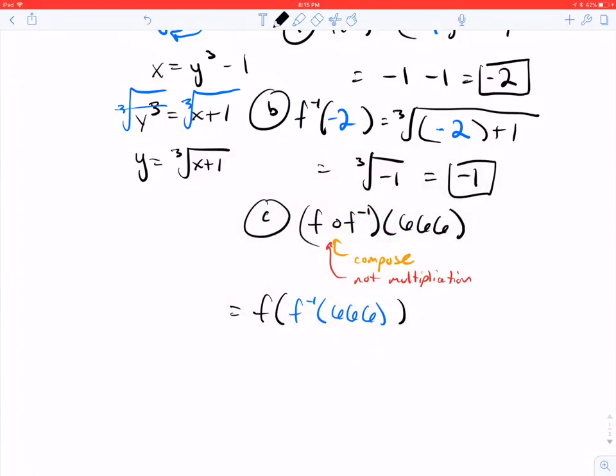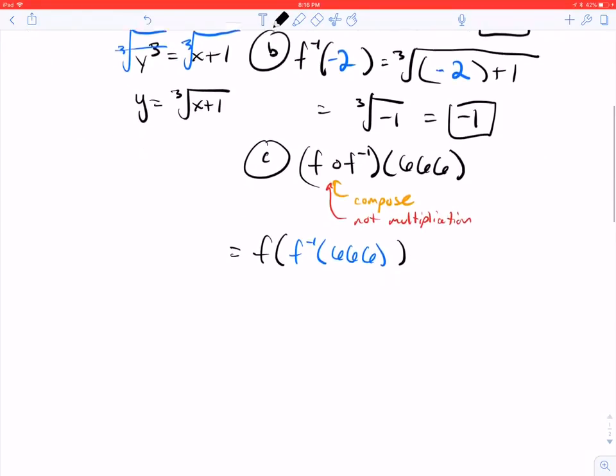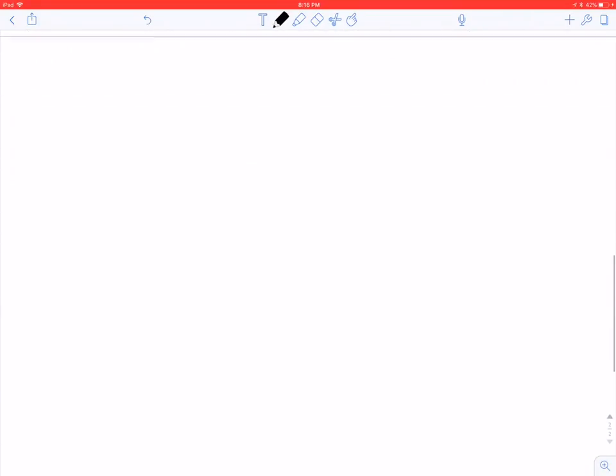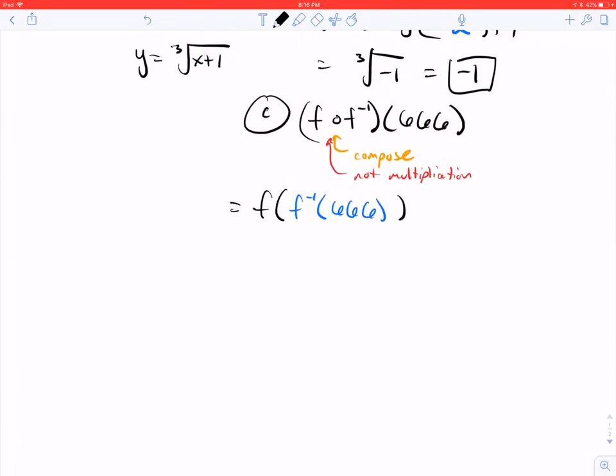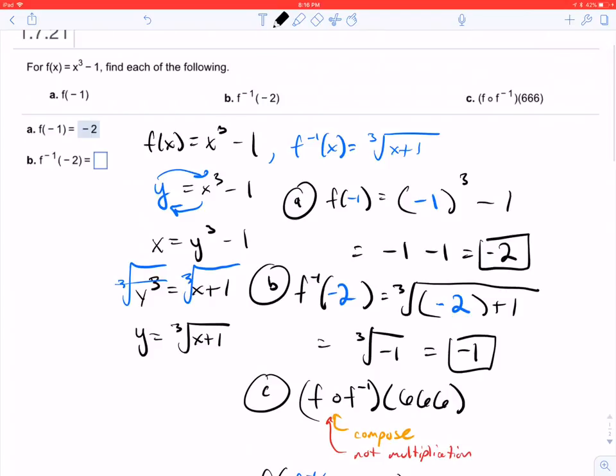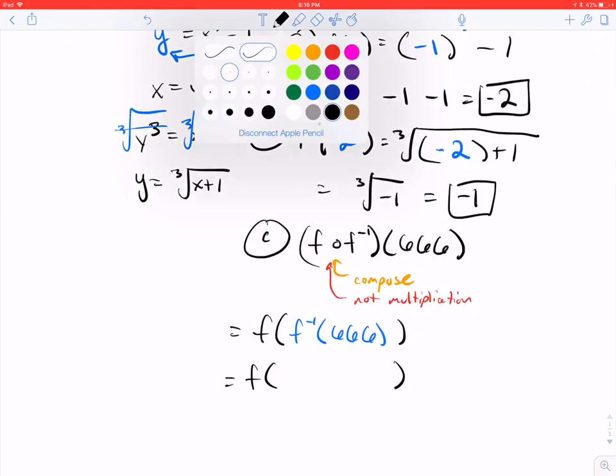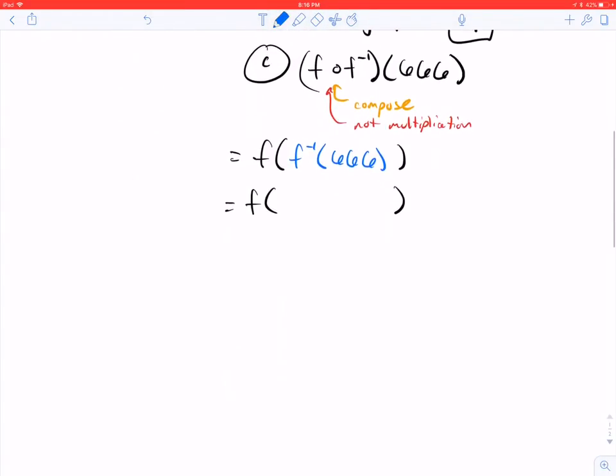So what we're going to do is start with f of x, which is x cubed minus 1. So I'm just going to rewrite f inverse. So this means f of, what is f inverse? f inverse is the cube root of x plus 1. But what's x in this case is the 666.